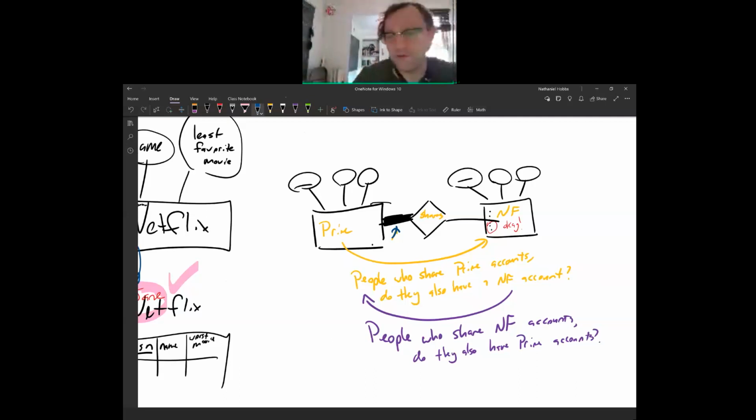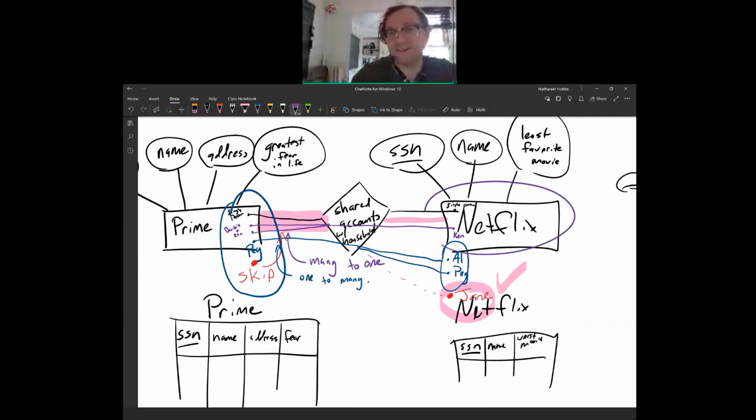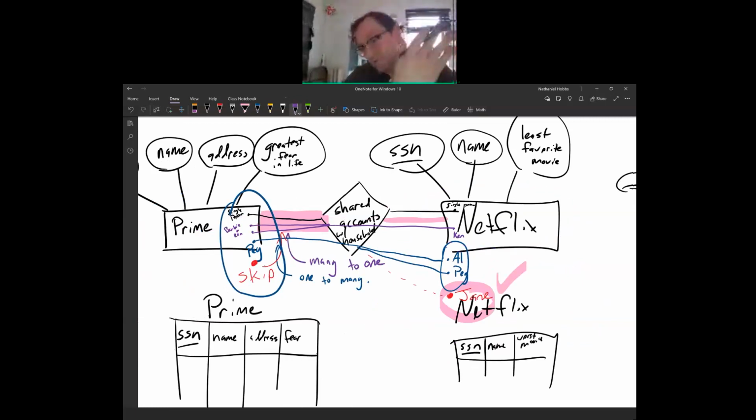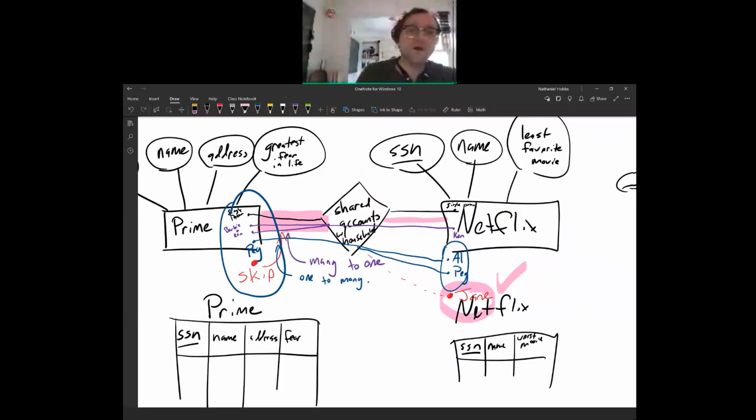In particular, how to construct them for relationships. We'll talk about this next class. For entities, it's very straightforward. I mean, I've already done it here. There's an entity, here's an entity, and that's what it looks like as a table. Pretty straightforward. The relationship can be a little bit more complicated.